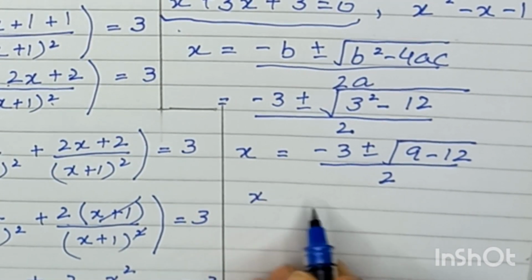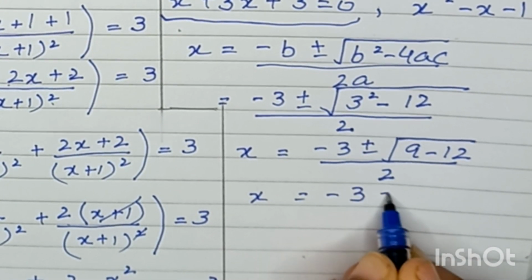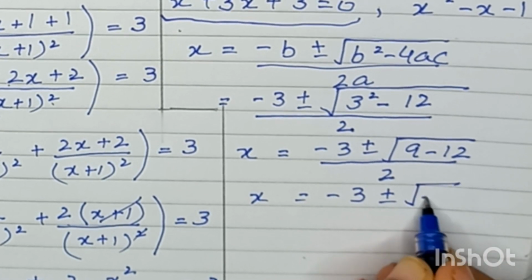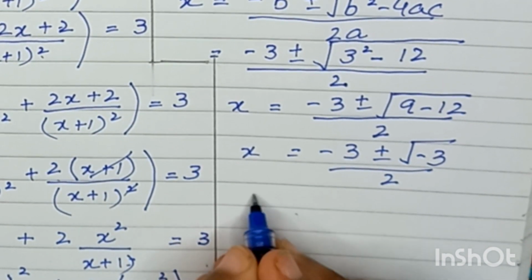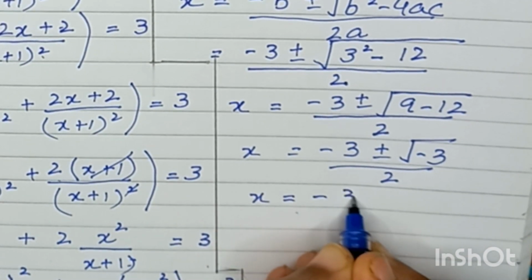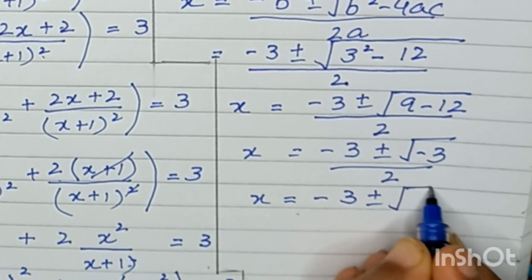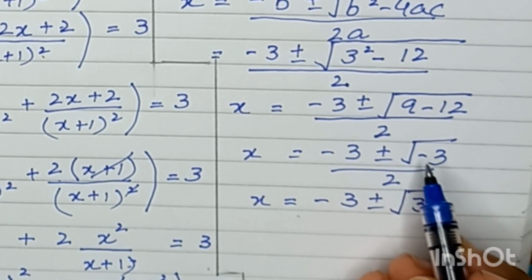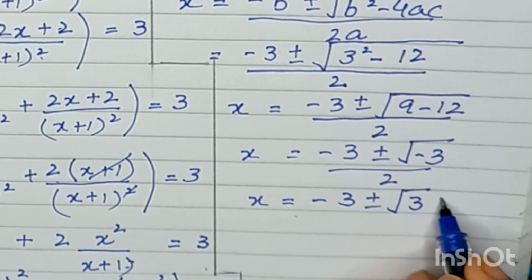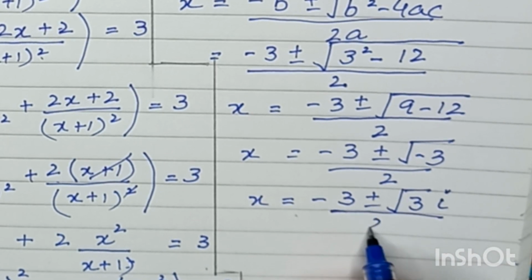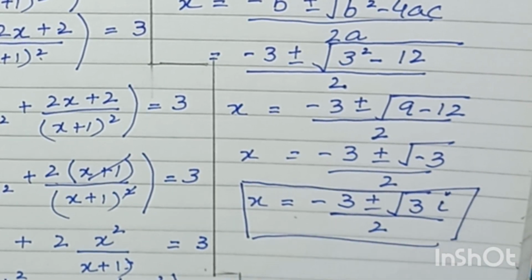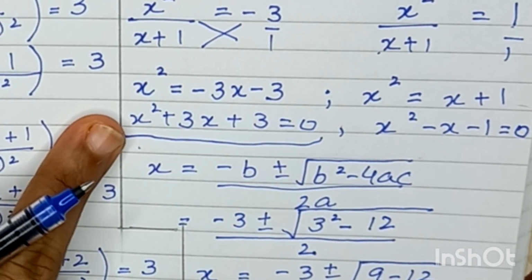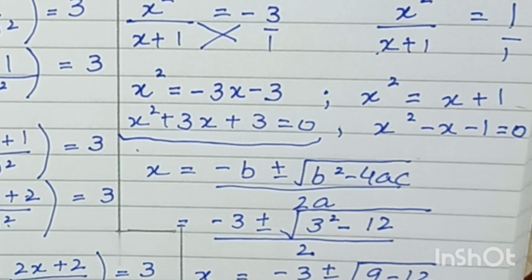So x will be equal to minus 3 plus minus square root of minus 3 divided by 2, and x is equal to minus 3 plus minus square root of 3, and the square root of negative 1 will be equal to iota, divided by 2. So this is the value of x for this equation. Now we will solve x square minus x minus 1 is equal to 0 by the quadratic formula.